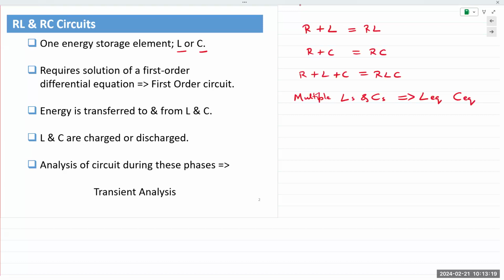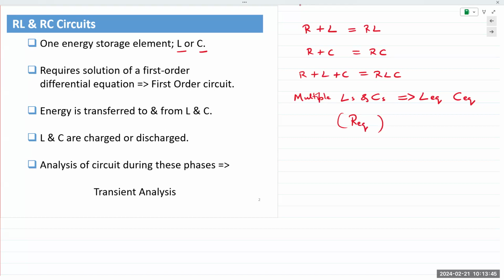Similar to how we used R_EQ, total equivalent resistance, right? So even if a circuit has multiple inductors or multiple capacitors, we would still be able to call it an RC or RL circuit. Okay, RC or RL. So that's the first thing.